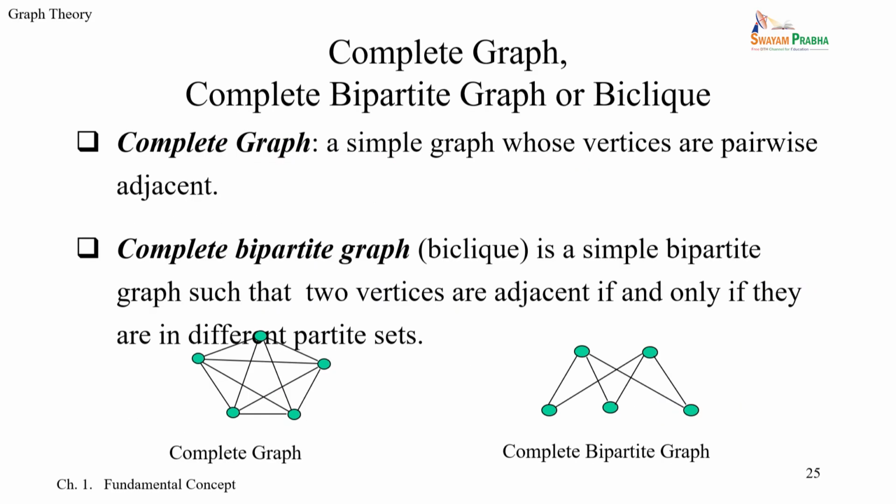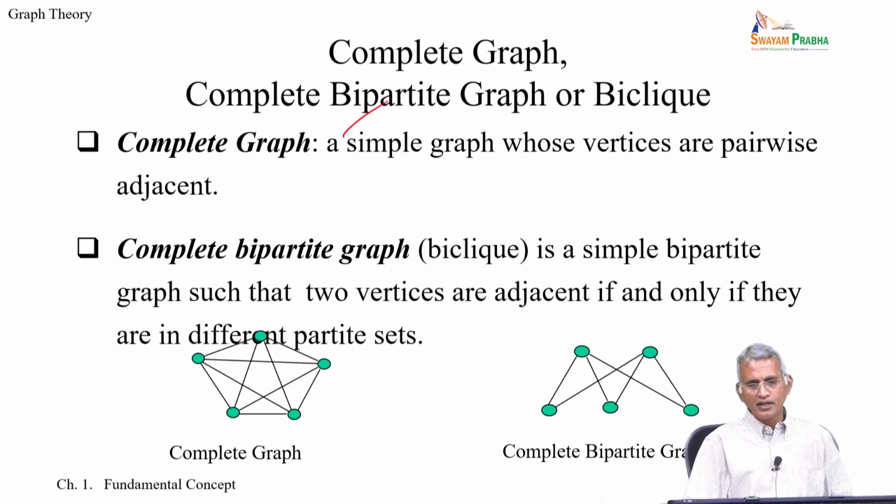Now, complete graph, complete bipartite graph and biclique. A complete graph is a simple graph whose vertices are pairwise adjacent, and a complete bipartite graph is a simple bipartite graph such that two vertices are adjacent if and only if they are in different partite sets.